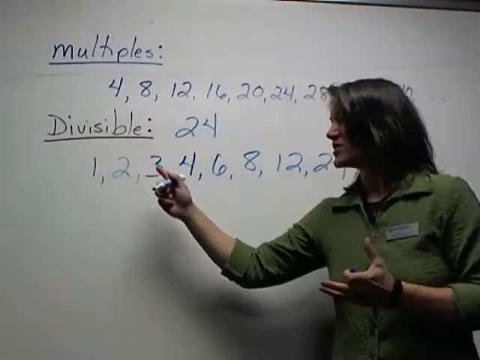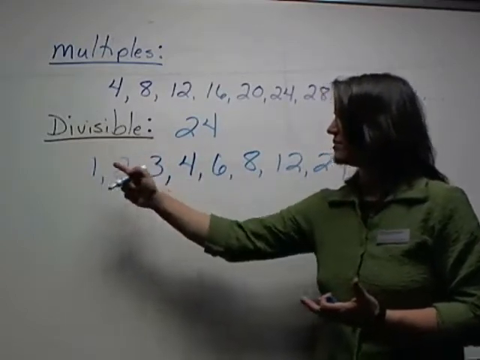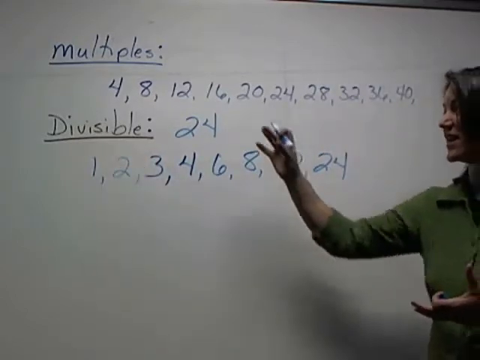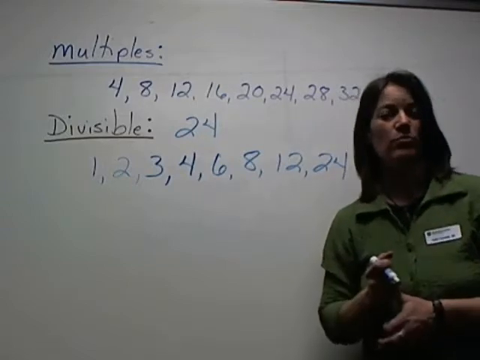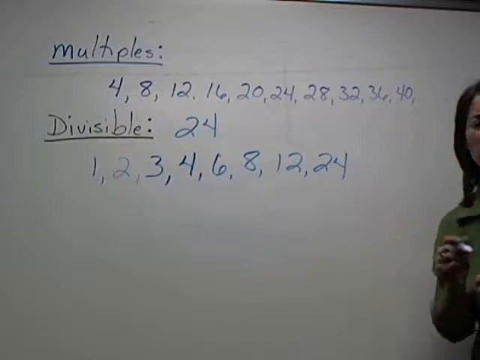So a number is divisible if it divides it evenly without a remainder. So all of these numbers divide 24 into even groups. So 24 is divisible by all of these numbers.